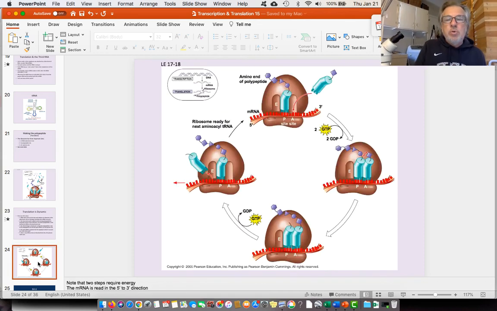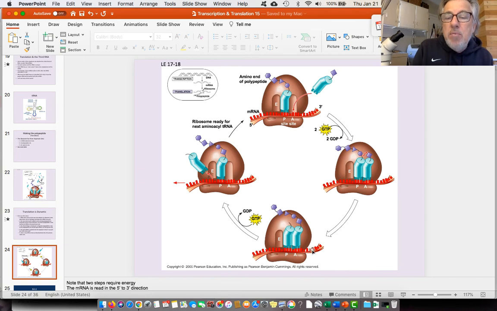If we look at the actual cycle of translation, we have an empty A site, and now the tRNA that is the complement of the next codon comes in and is temporarily attached there. Then energy, here represented by this molecule called GTP, you can just remember it as cellular energy, is used to bond the new amino acid to the polypeptide chain.